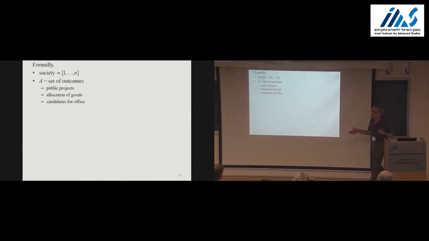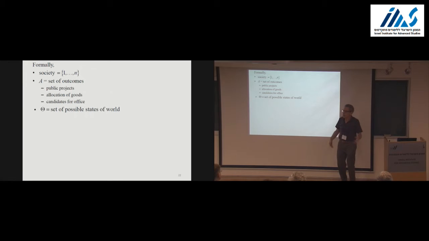If we're in a political context and we have an office which must be filled by one of several candidates, the list of candidates will be our set of possible outcomes, and so on. We'll have a set of possible states of the world. A state of the world basically determines all of the data that are relevant to the decision to be made.